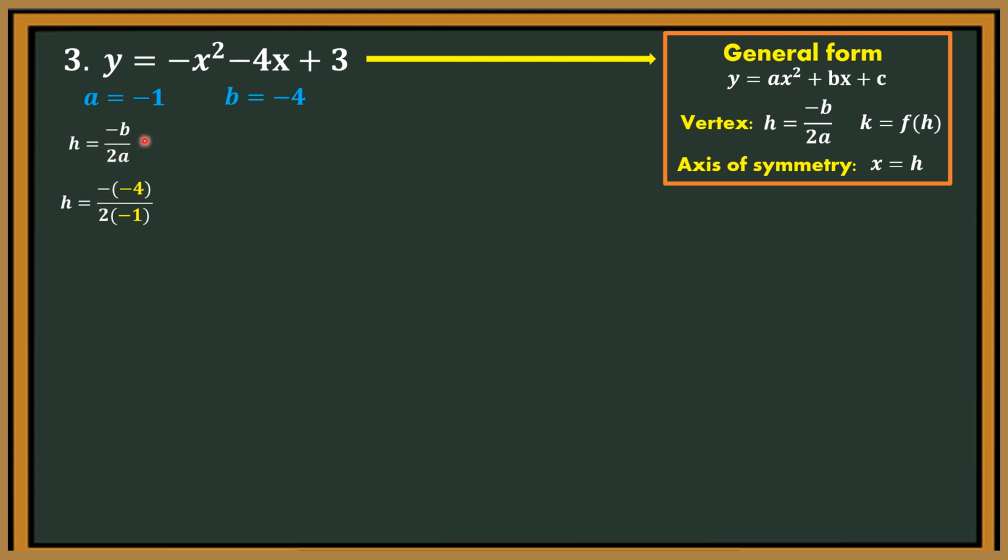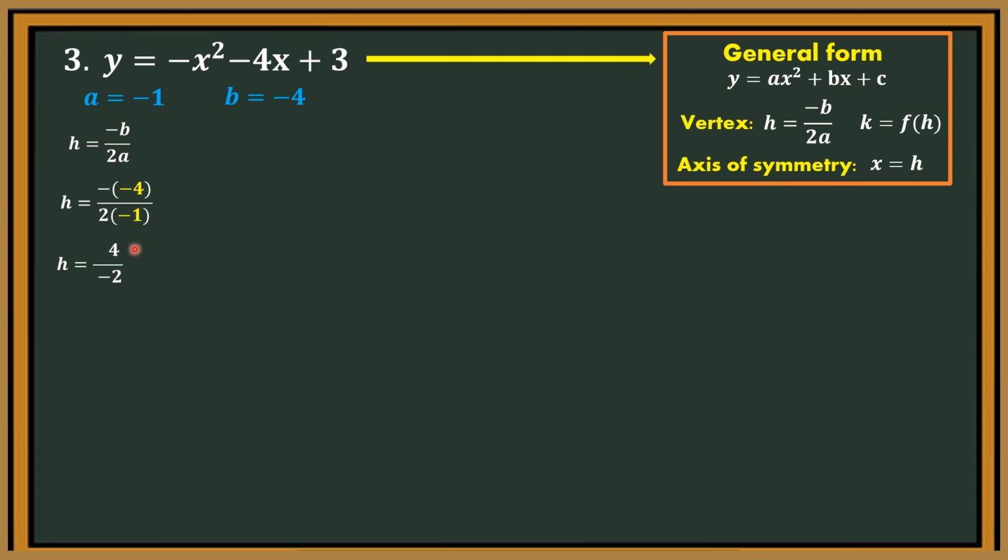Ang b natin ay negative 4. So, lagay dito negative 4. Kailangan natin gumamit ng open and close parenthesis para hindi masama sa negative sa labas. Then, 2 copy si a, negative 1.